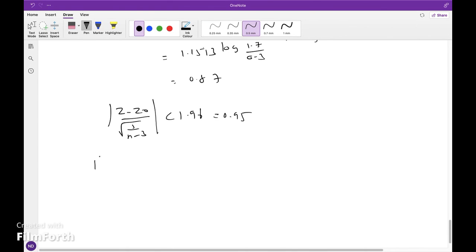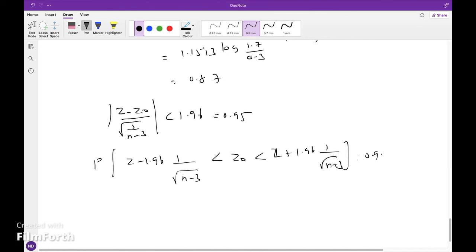So P(z - 1.96 times 1/sqrt(n - 3) < z naught < z + 1.96 times 1/sqrt(n - 3)) = 0.95.